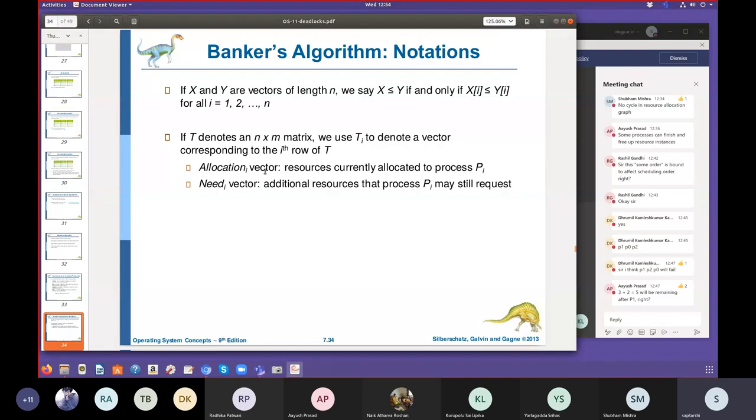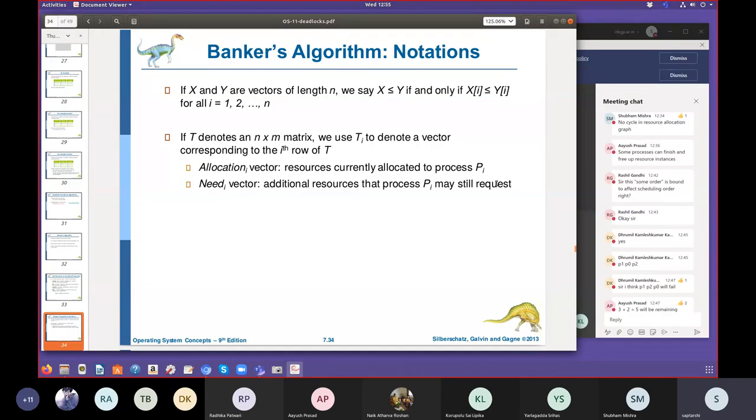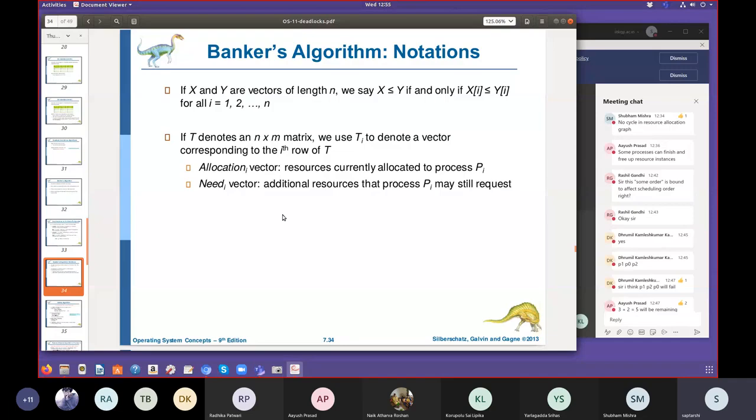So Allocation_i is the vector which considers the resources currently allocated to process Pi. Similarly, the Need_i vector stores the additional resources that process Pi may still request. Okay. So these are the notations which Banker's algorithm uses.